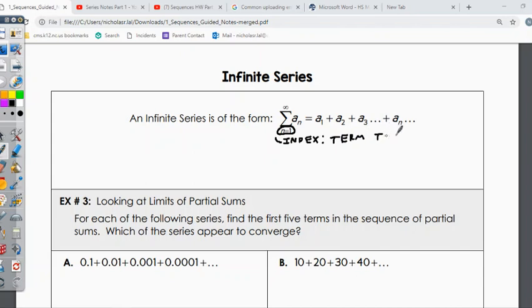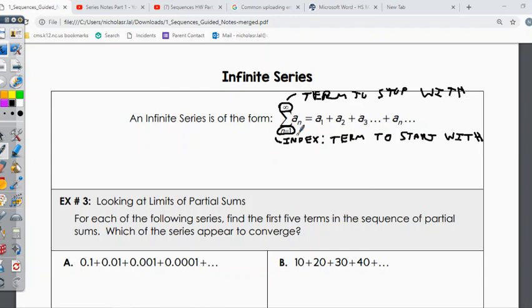Then you have your stopping number, okay? So this is the term that you stop with. So that means that you start at the first term and you end at the infinite term.